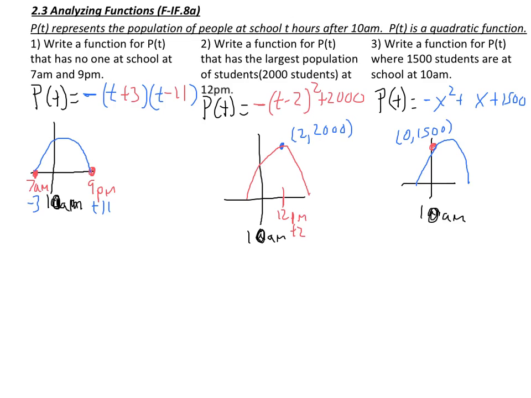Now, I did think about something. Is it possible for this one to actually go like this? You don't know what the school looks like. It actually would technically be possible for this to go down and back up. But for these benchmarks, let's stick with upside down parabolas. It wouldn't make sense for the other one because isn't this a maximum?